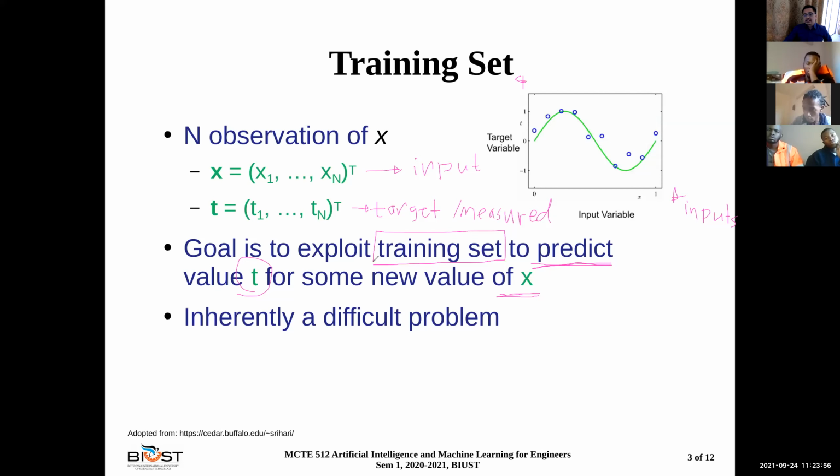What is the training set? Training means we use it to build our model. So let's make this keyword: training set is used to build the model.